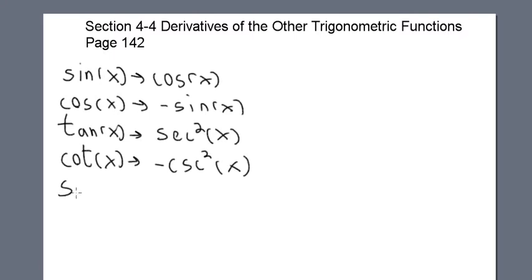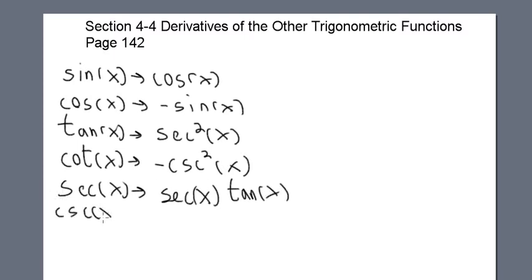Secant x becomes secant x tan x. And finally, the cosecant x becomes, negative, sorry, negative cosecant x cotangent x.